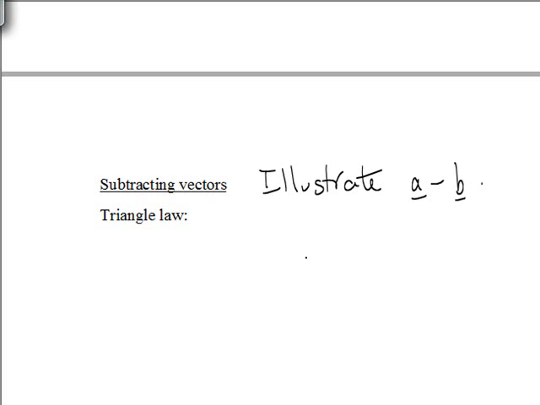And then I'm going to give you the vectors like this. This vector is A, and this vector is B. Okay.